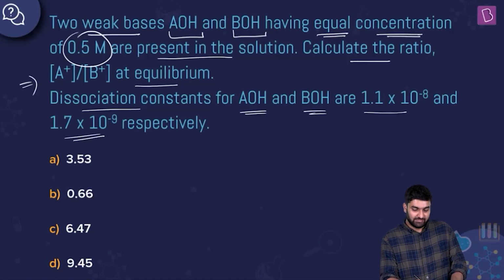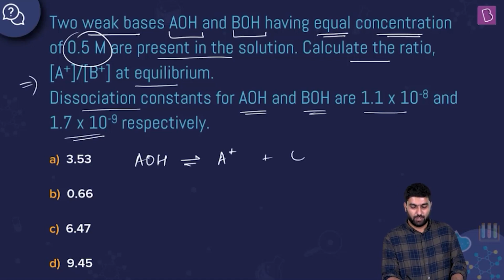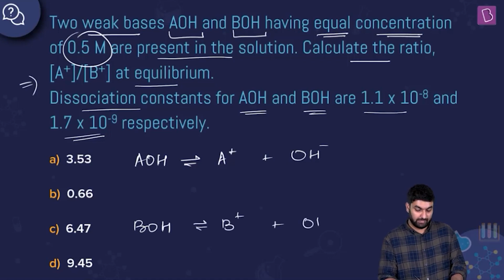All right. So let's consider this. We have AOH. It dissociates as A plus and OH minus. Similarly, we have BOH and that dissociates as B plus and OH minus, right? Okay. Let's write concentrations over here at equilibrium.